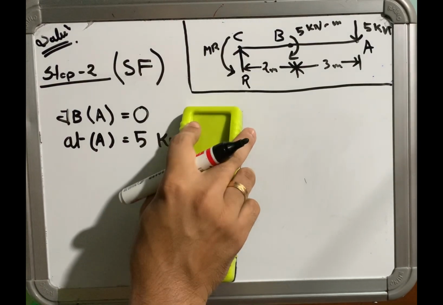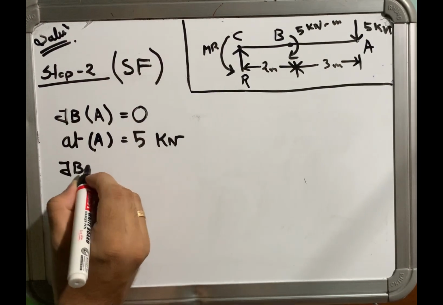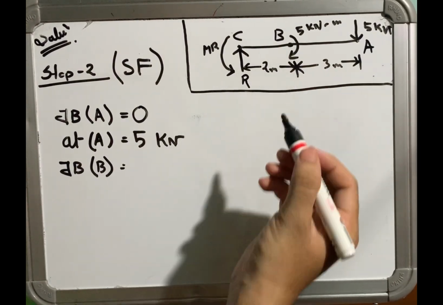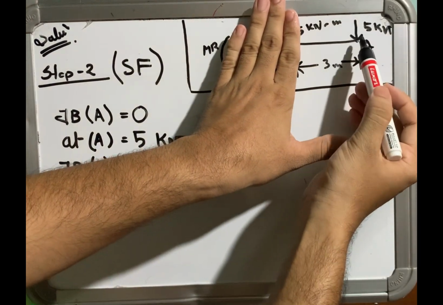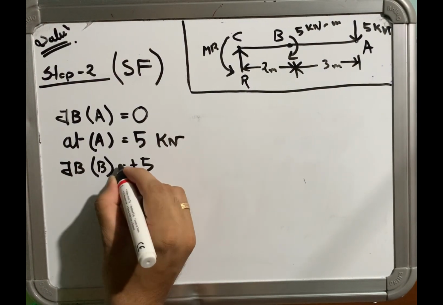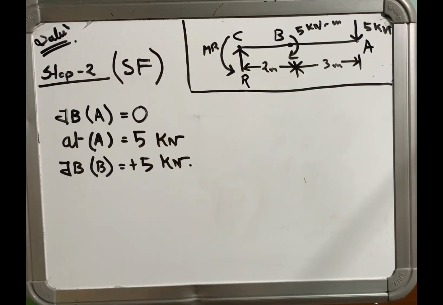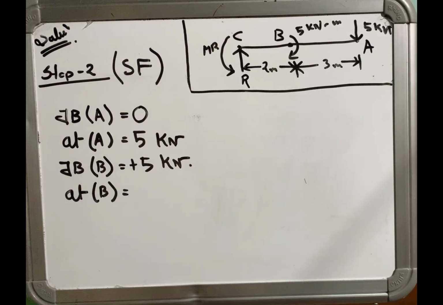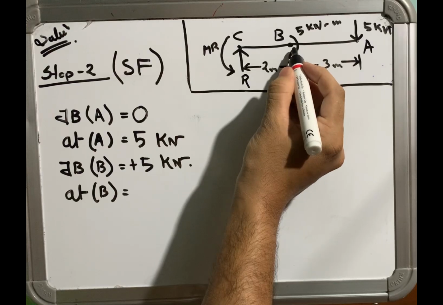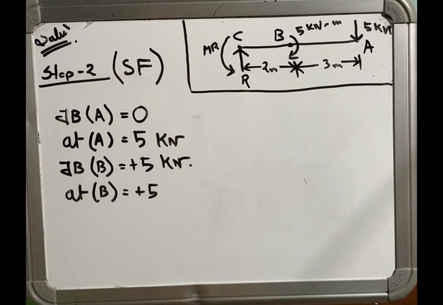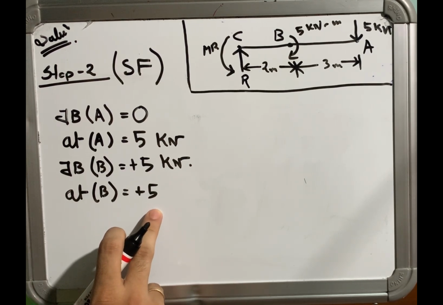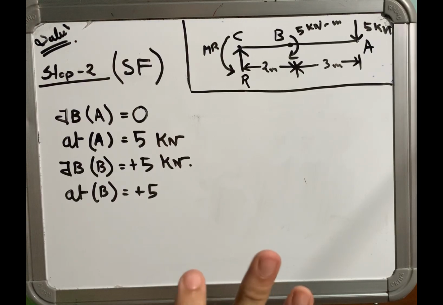In step 1, a downward direction would be minus, but here it is plus. Just before B we have only this one force, so it will be plus because of downward direction. At B there is a moment, so the moment will not be counted. The force that we have from point A will come as plus 5 kilonewton.